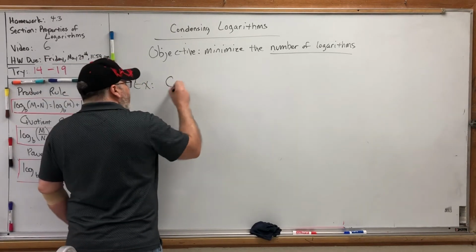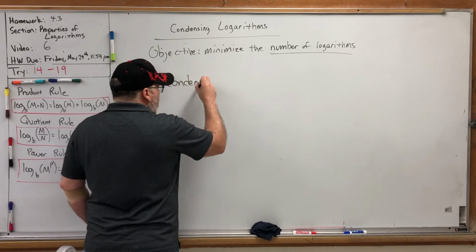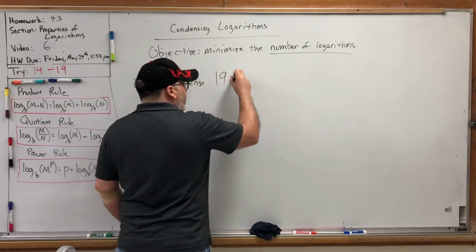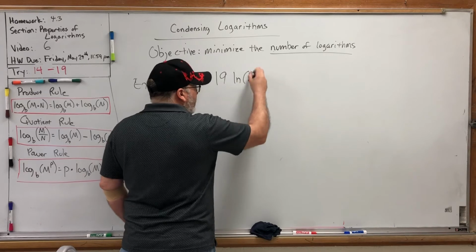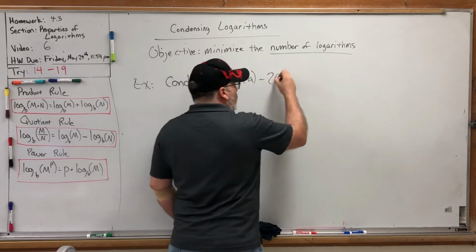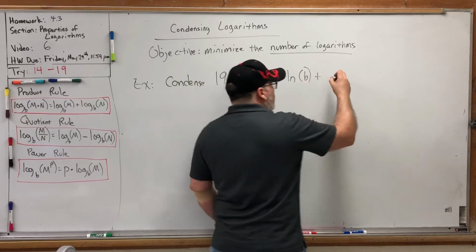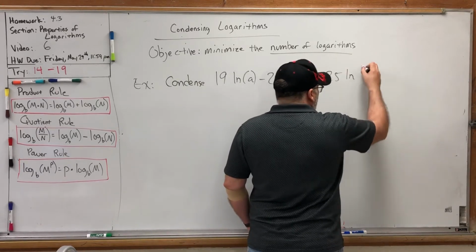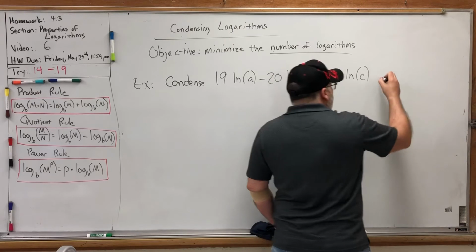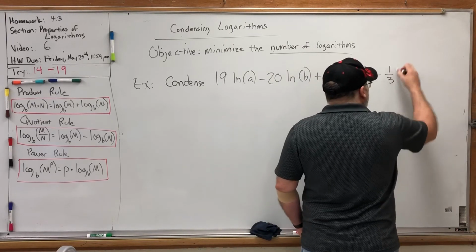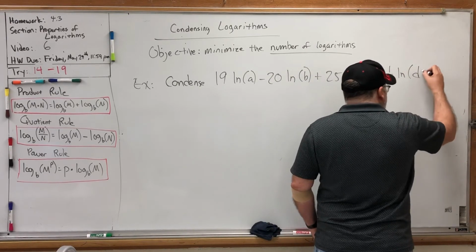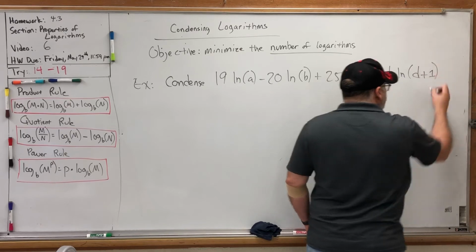Let's say I ask you to condense 19 natural log of A minus 20 natural log of B plus 25 natural log of C minus 1/3 natural log of D plus 1.